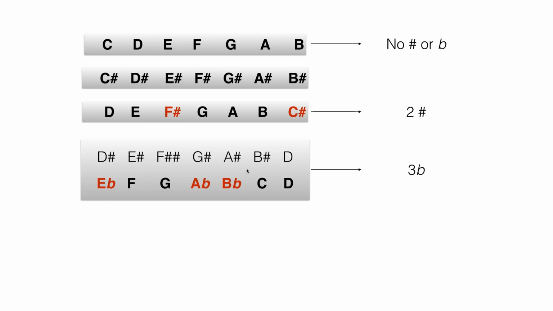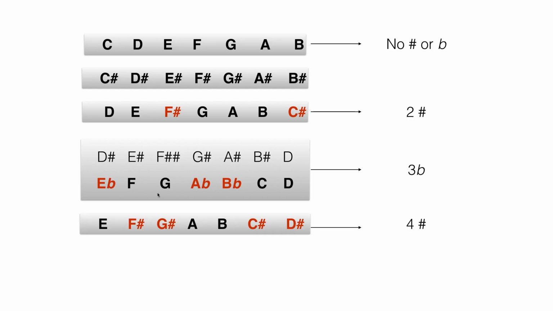So it's the same scale, but this is the D sharp major scale and this is the E flat major scale. Same sound, different names for the notes. However, we use this notation, which is much easier. We have fewer accidentals in the score. So here we have 3 flats for the E flat major scale.